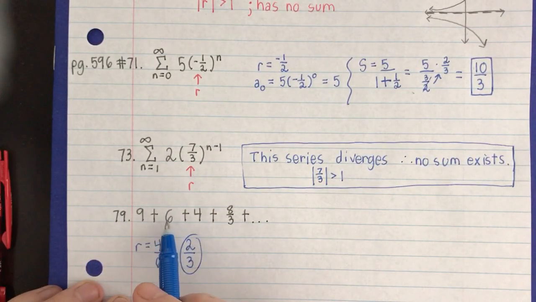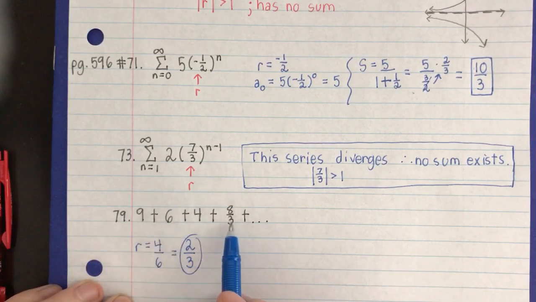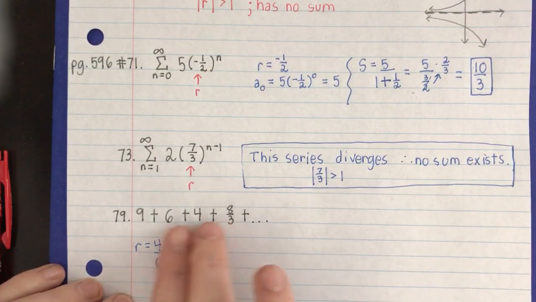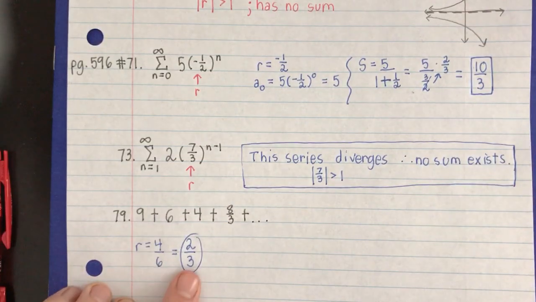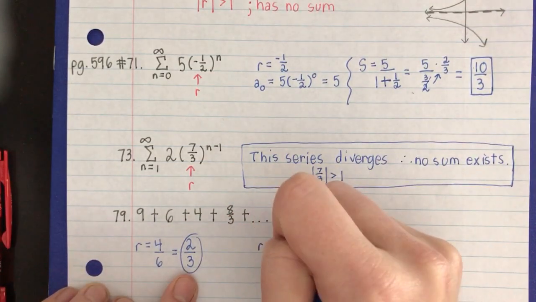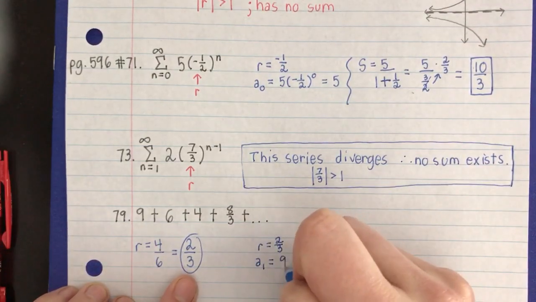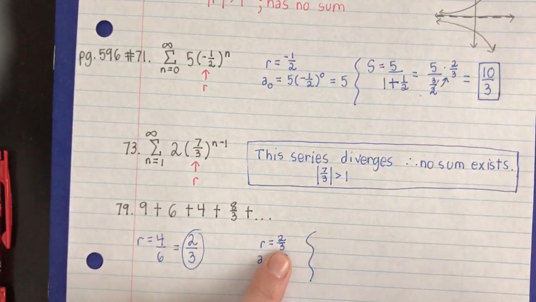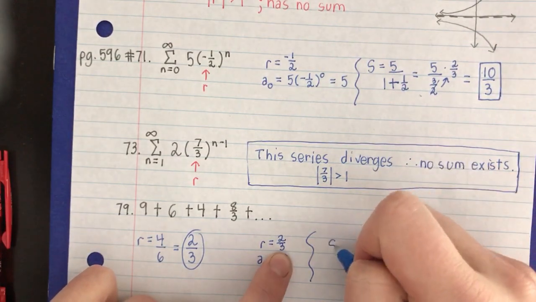Let's test these. Is 6 divided by 9 equal to 2/3? Definitely. If you took 8/3 divided by 4, it would also be 2/3. It should work for any set of subsequent terms, dividing the second by the first. So r equals 2/3, and our a sub 1 is equal to 9. The first term is 9. Since r is 2/3, we know this series converges, so we can plug in.